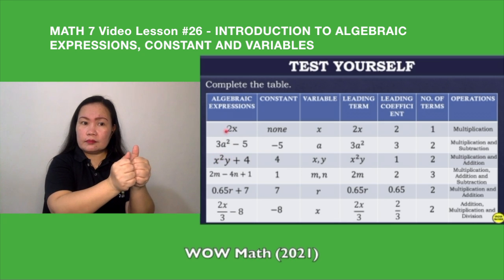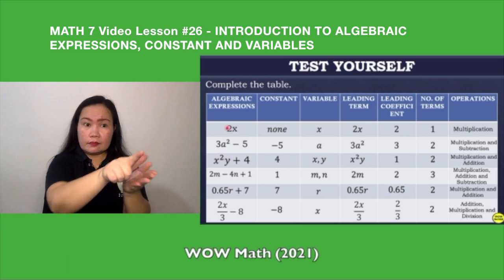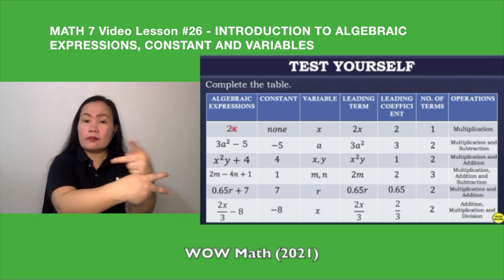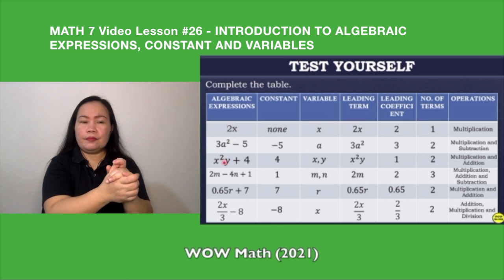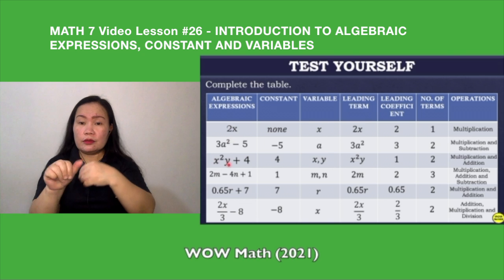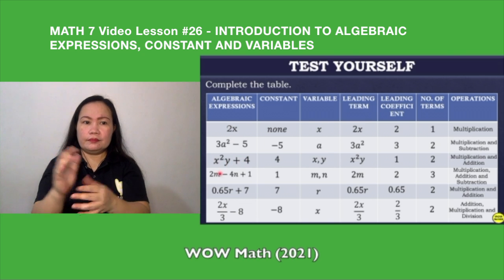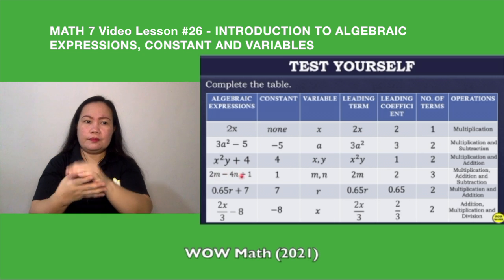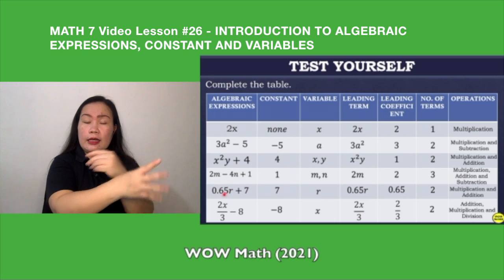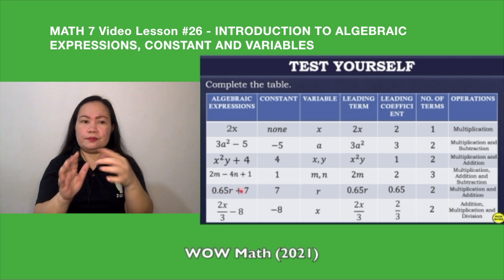Once na magkatabi yung constant natin, yung numerical coefficient at literal coefficient, automatic that there is a multiplication in there. Okay? So, ito ay multiplication and then addition. Ito ay multiplication, subtraction, addition.